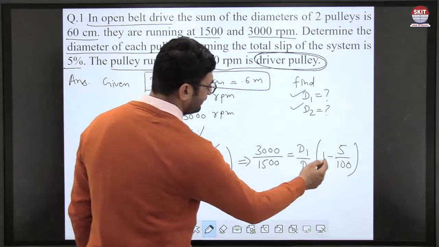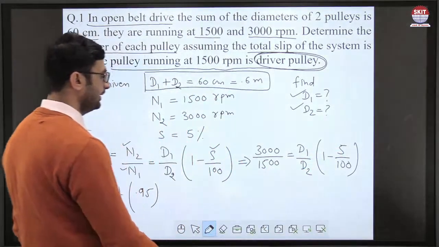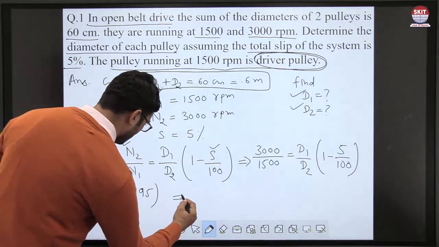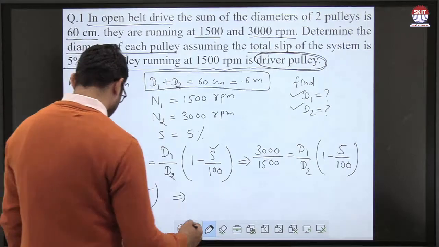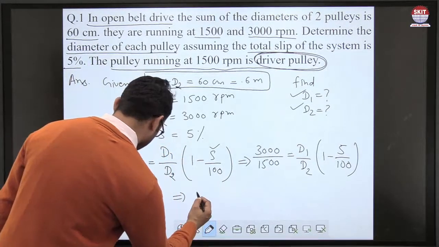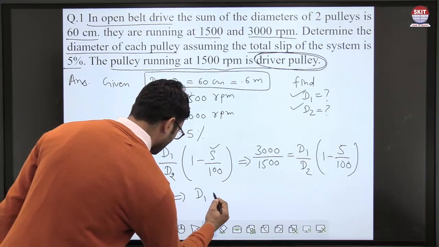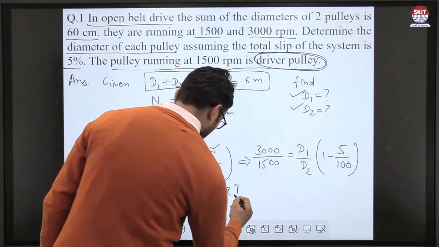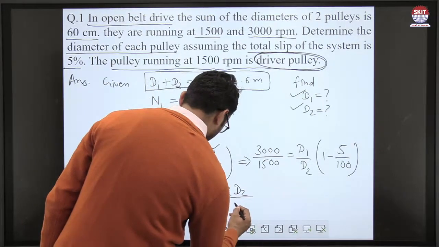We solve this: 100 minus 5 is 95, divided by 100, so the value is 0.95. So the value of D1 is equal to 2 D2 upon 0.95.